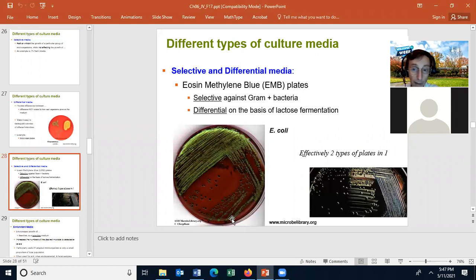If the bacteria do not ferment the sugar lactose, then they will not be dark or metallic green. Here you can see the bacteria is a white or off-white color, not fermenting the sugar lactose. And that's why this media is differential. It allows you to distinguish between a species that can ferment lactose and a species that cannot.